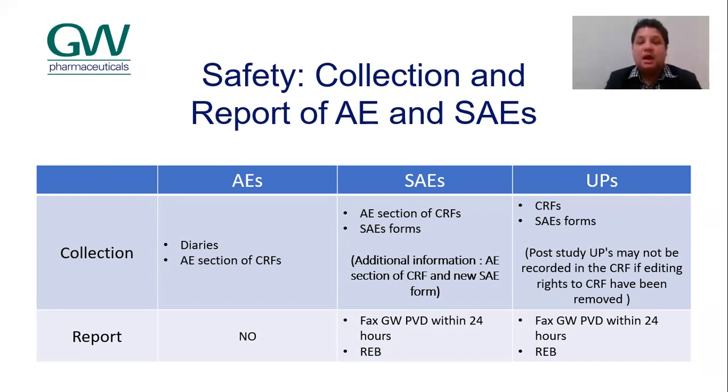An additional serious adverse event form can be used to report such kind of serious adverse events or unexpected problems. If the unexpected problems are post-study, then it may not be recorded. Both serious adverse events and unexpected problems should be faxed to GW Pharmacovigilance Department within 24 hours and reported to Research Ethics Board.